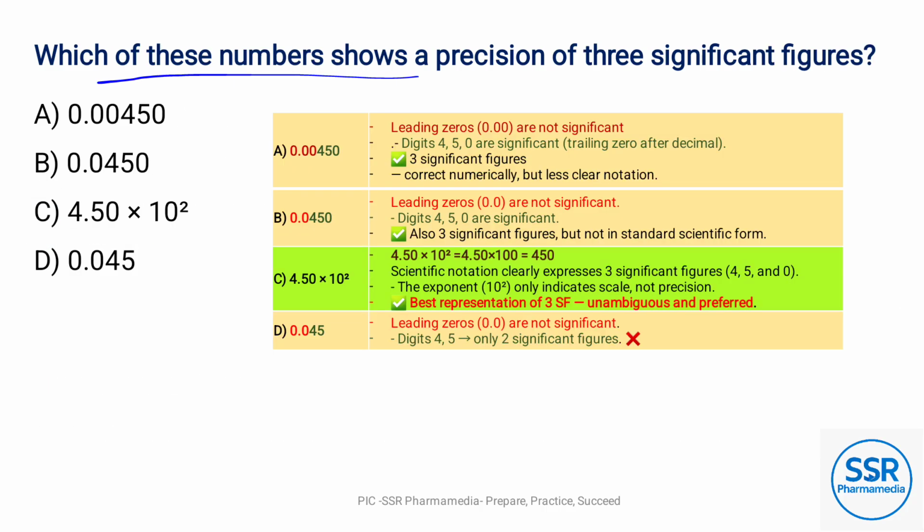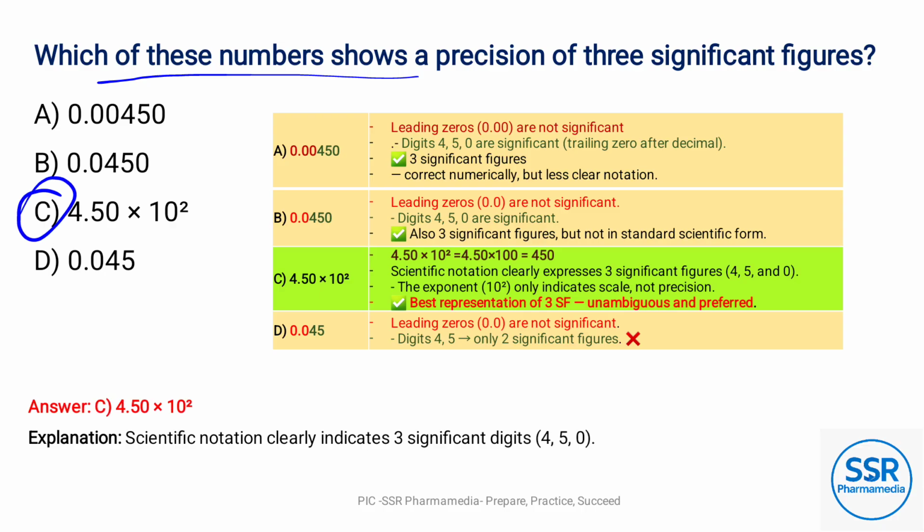So which of these numbers shows a precision of 3 significant figures? So the answer is option C, 4.50 times 10 to the power of 2. So this is the exact significant figure. The remaining options are not exact significant figures, because here in 0.00, the 2 decimals are not significant, so only 3 are there. And next, only 3 decimals, so 0 is not a significant figure.